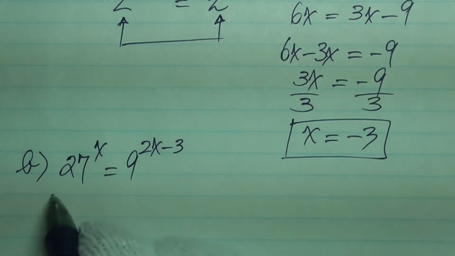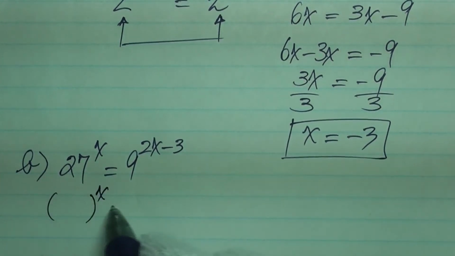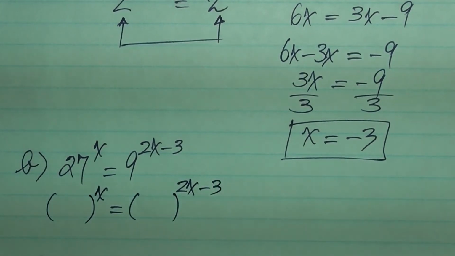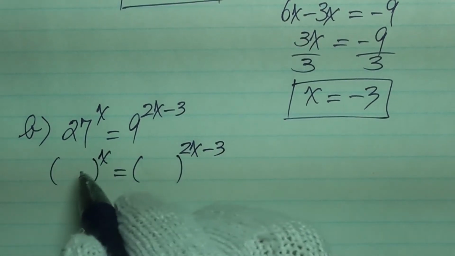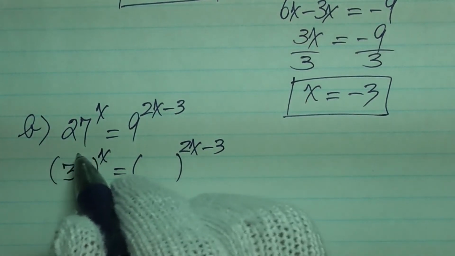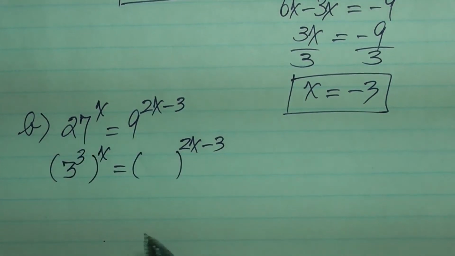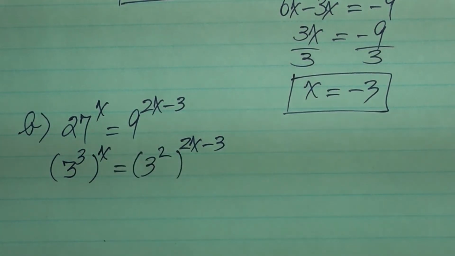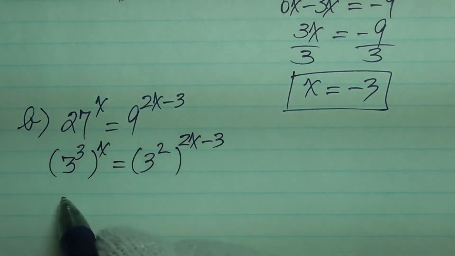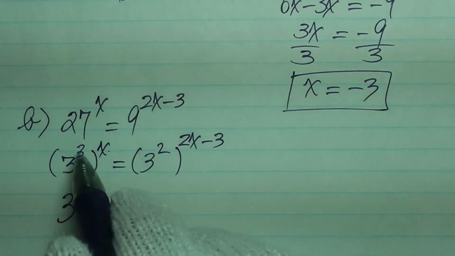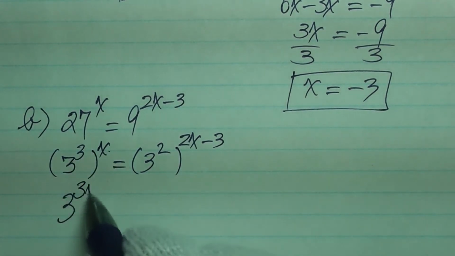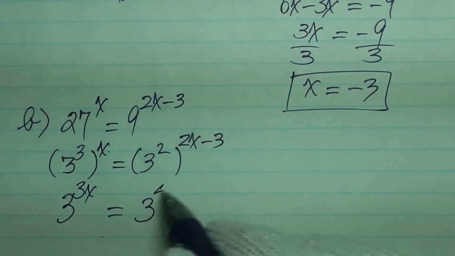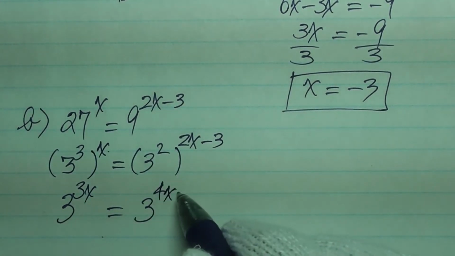Alright, so what I'm going to do is write both sides as base 3. 3 to the exponent 3 will give me 27. 3 to the exponent 2 will give me 9. 3 times x, 2 times 2x, 2 times negative 3.